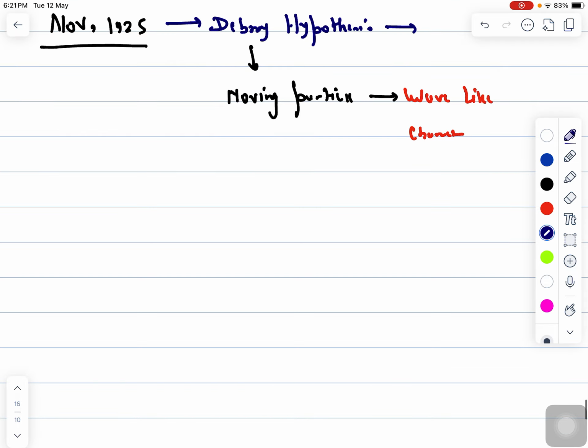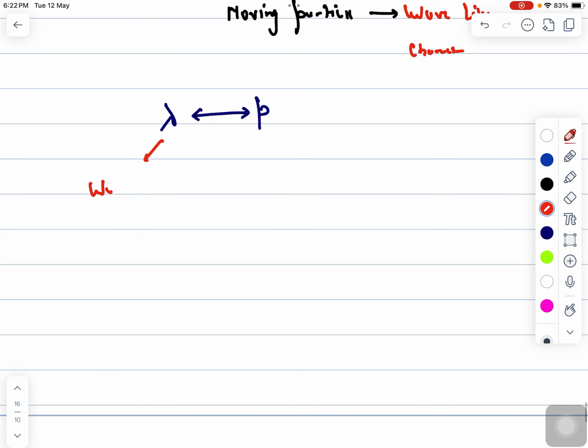So this hypothesis predicted that the wavelength, lambda, is related to the momentum of the particle. Since any particle has wave-like character, this wave will have some wavelength and frequency associated with it, and then there is the momentum.